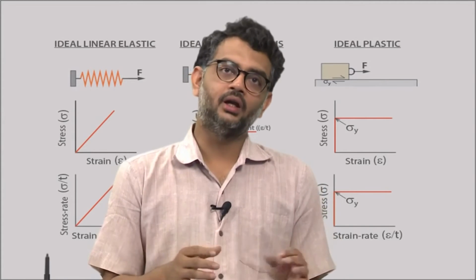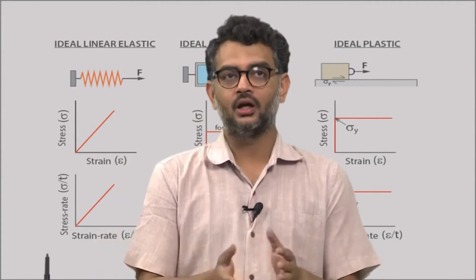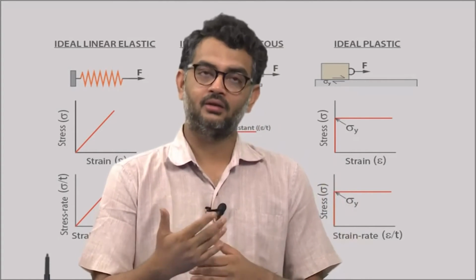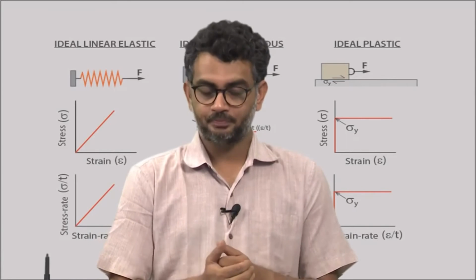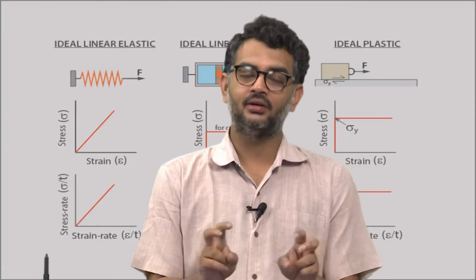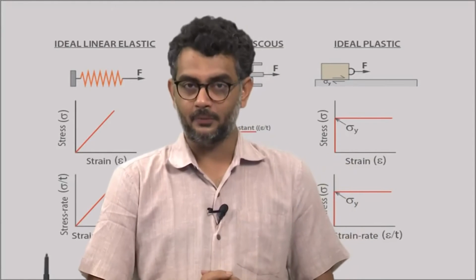Or you can think of a little larger scale, outcrop scale or hand specimen scale, where silicate and carbonate rich layers are seen, like we see in calc silicates. Then it is important to visualize that at high pressure and temperature, when these minerals or rocks behave like fluid, the quartz layer has a different viscosity to that of the mica. And similarly, a silica rich layer would have a different viscosity to that of the carbonate.